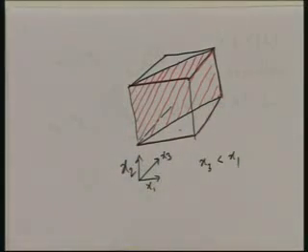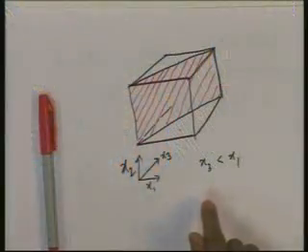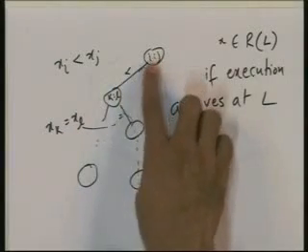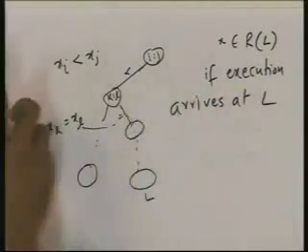The idea is this: the moment I assert a condition, I am going to slice my current set, and I am going to take one part of it. If my assertion was something like x3 equal to x1, then I won't take one part, but I will take that slicing region itself. Notice that I started off with the entire cube, which is convex, and the important point is that whenever I go to a child, I am going to shrink the set of instances which visit it, and I will be shrinking them in a convex manner.